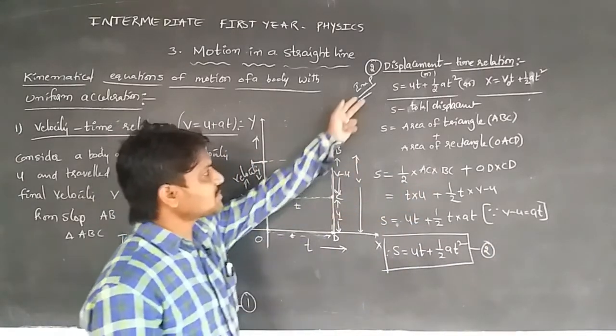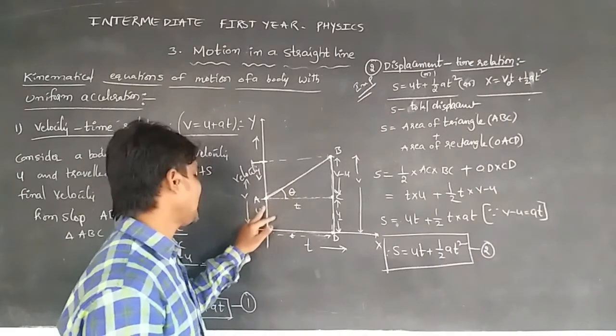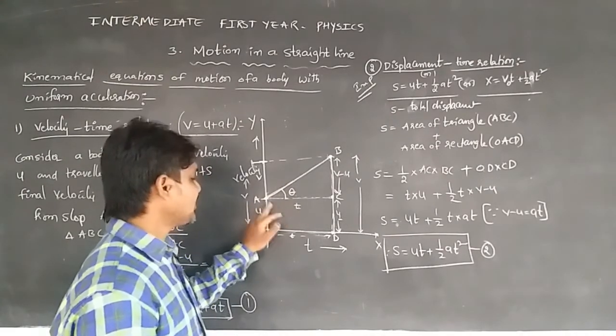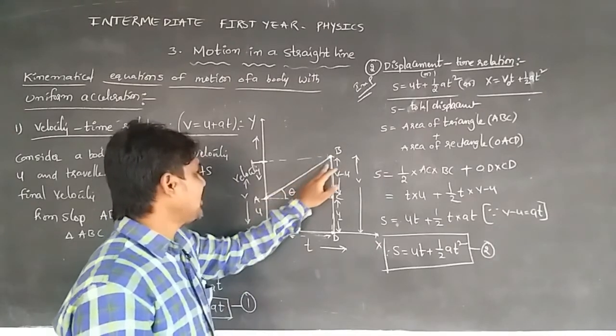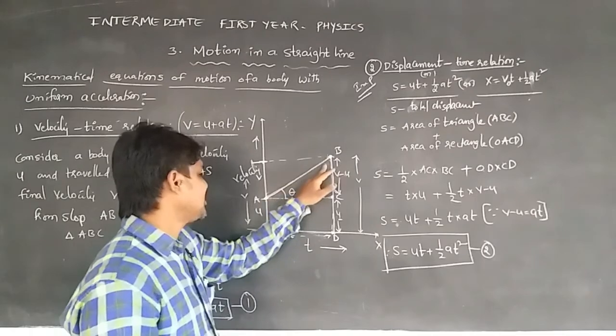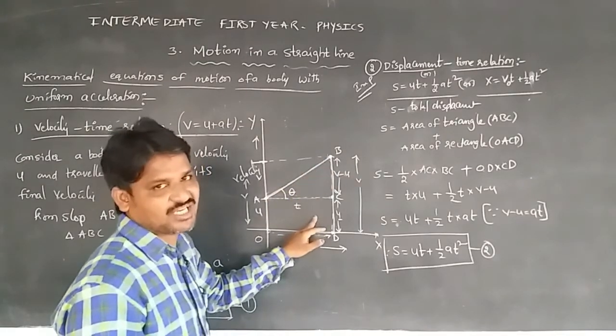Once again, to know the displacement when the body travels with uniform acceleration, having initial velocity u, after time t the final velocity will be v. The curved line is the tangential line, so the area under AB will be the total displacement of the body.